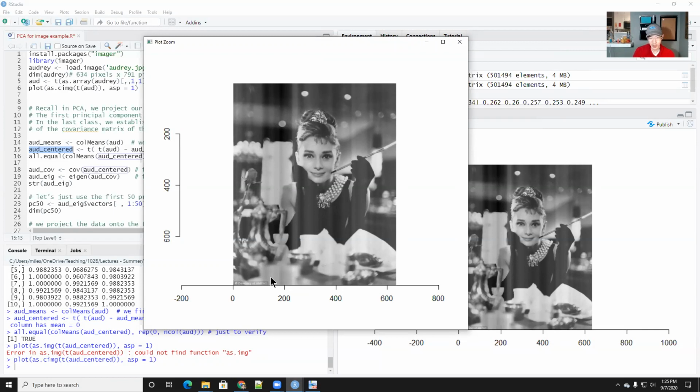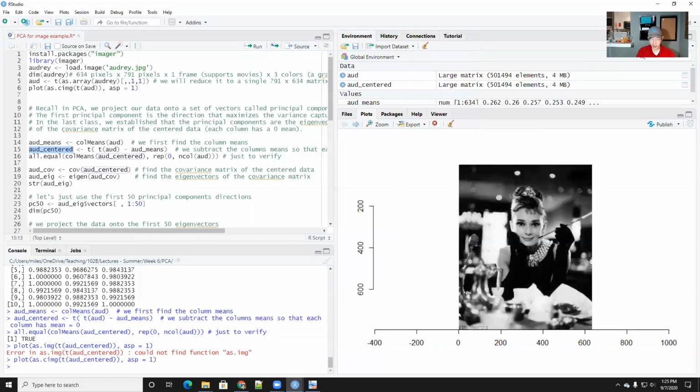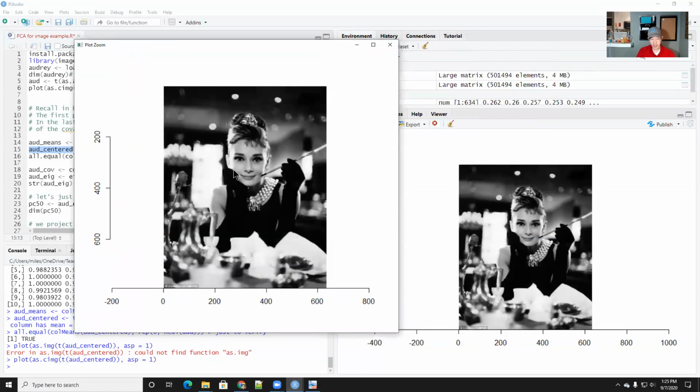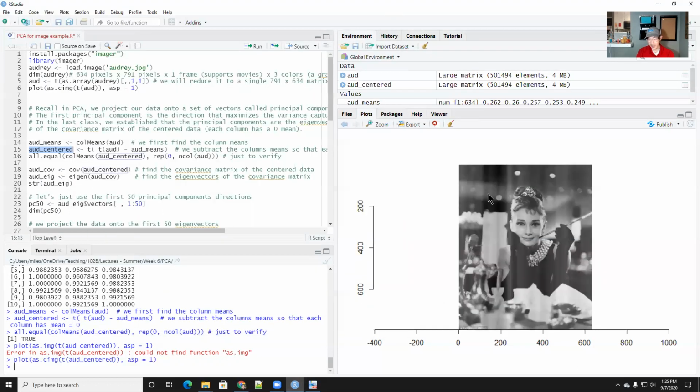And so spots where there was a lot of white, in order to compensate, got darker, so there we had to subtract a lot.